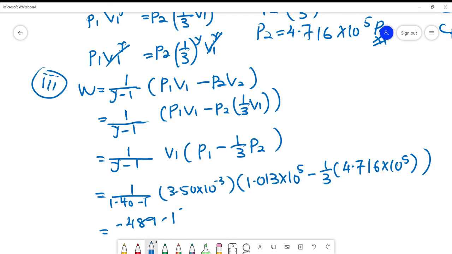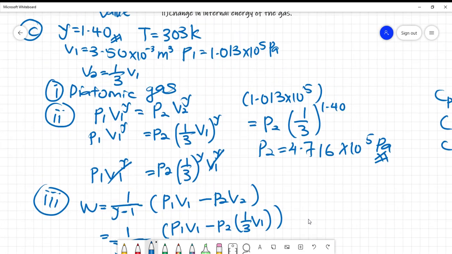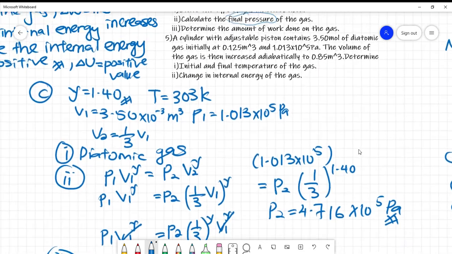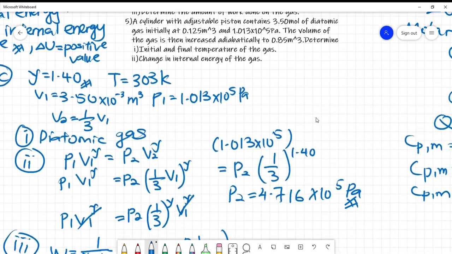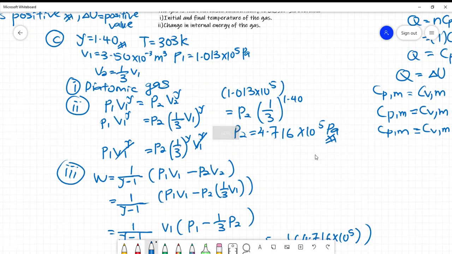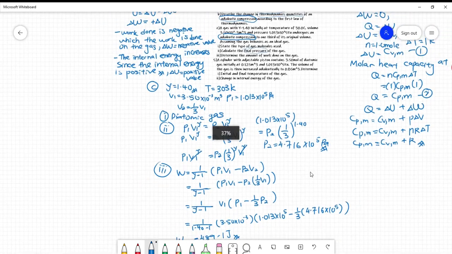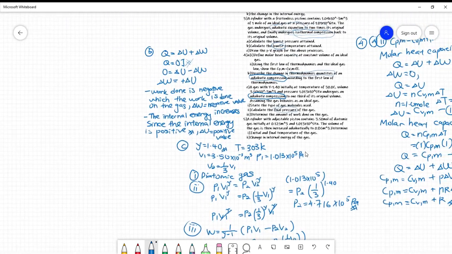1 joule. So basically the work done is negative, which means the process is compression. Okay, so I think we have done question 4. So let's just move on to our final question. Let me erase all this.